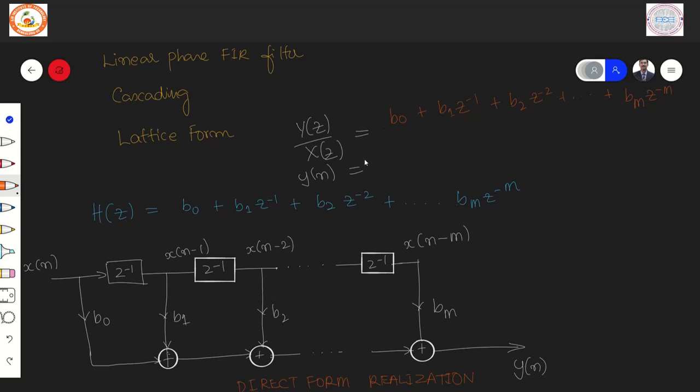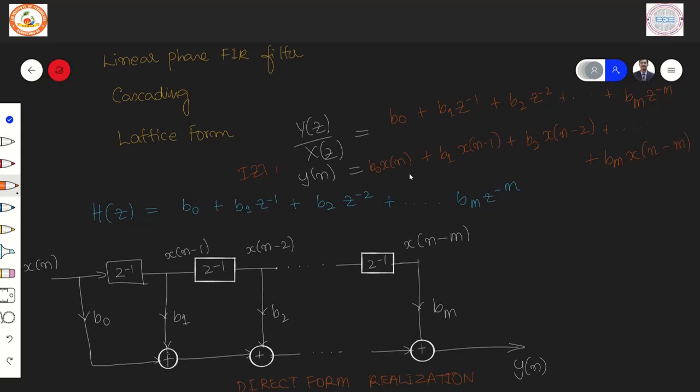Later, after cross multiplying and taking the inverse z transform, so we are going to take the IZT, we get the difference equation as y of n is equal to B0 times x of n plus B1 times x of n minus 1 plus B2 times x of n minus 2, and so on. The final term we can say is Bm times x of n minus m.